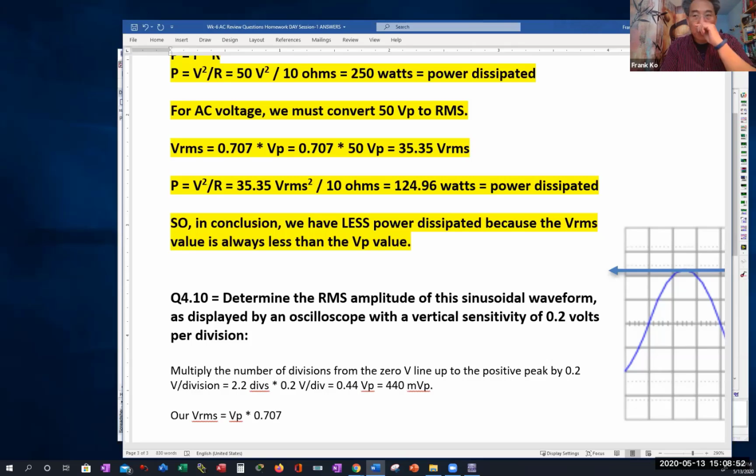Okay, so 0.707. We saw this formula earlier. So VRMS is equal to the V peak times 0.707. So in this case, we're going to take the 440 millivolt peak, and we're going to multiply this by 0.707. And what do you calculate for our VRMS?